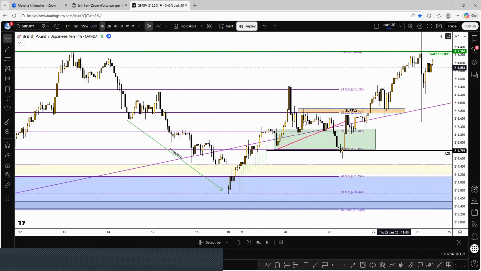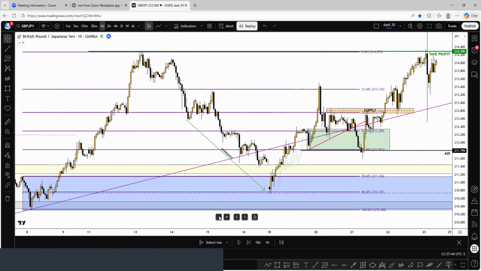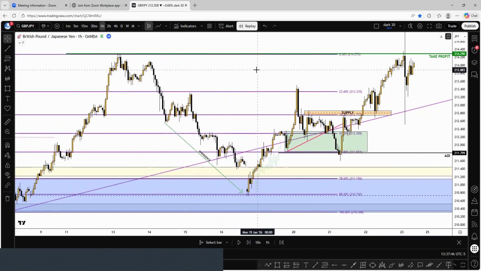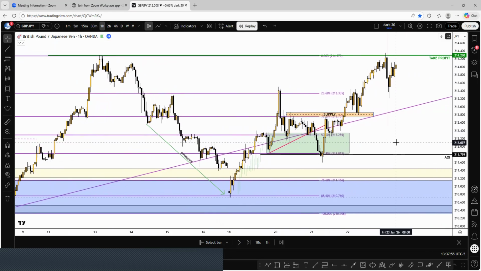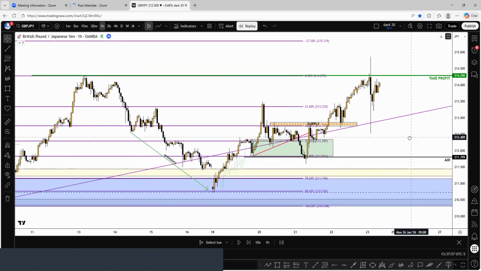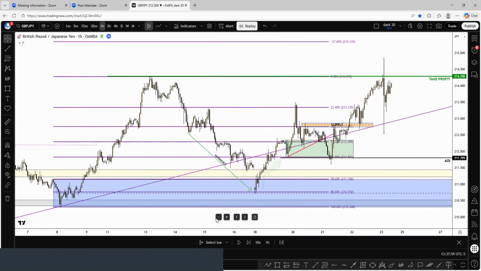But the thing is, I didn't continue fooling with this trade because it was making me mad when it kept doing all this stuff right here and playing around. It was just too much for me. But the overall move did play out and it did hit that take profit point I had.